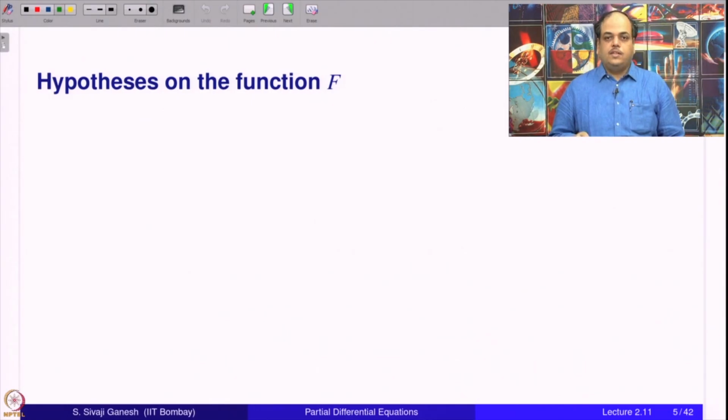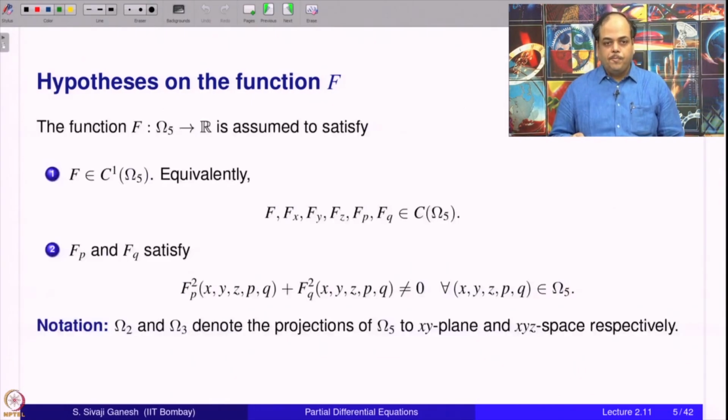The hypotheses on the function F which defines the PDE are that F must be a C1 function on its domain of definition, which is equivalent to saying that the function along with all first order partial derivatives with respect to all the arguments x, y, z, p, q are continuous functions on omega phi. And we need to assume that F_p and F_q do not vanish simultaneously at any point in omega phi.